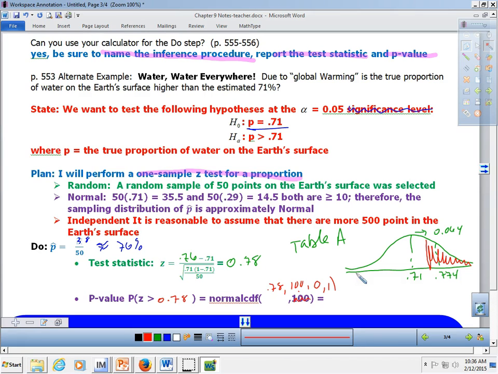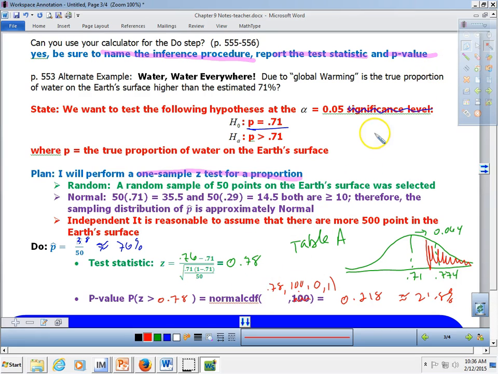And when you do that, okay, you get, and I'll do that calculation for you real quick, a value of about 0.218, which means that your p-value is about 21.8%.